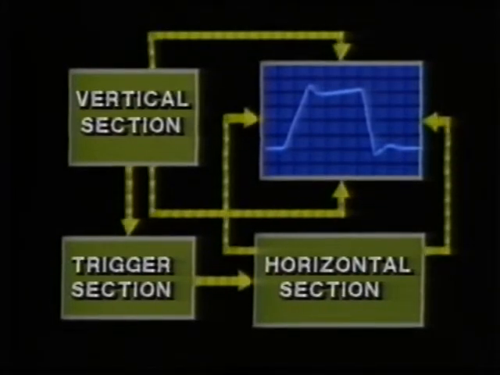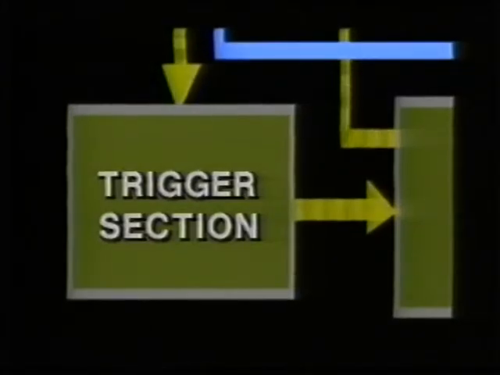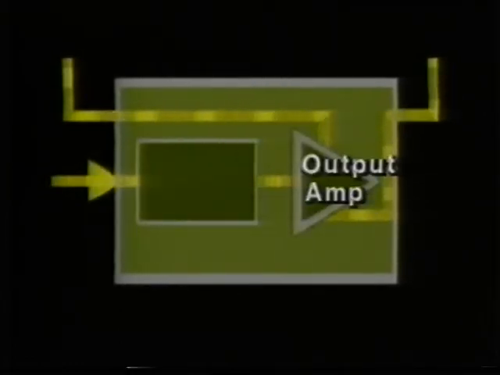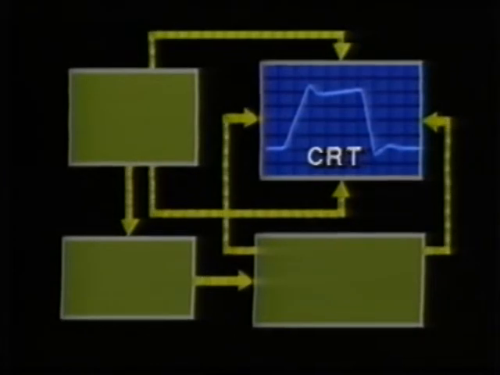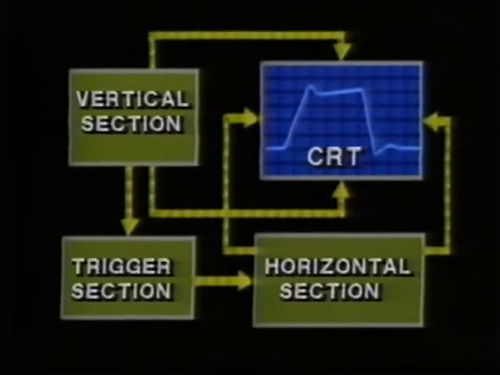The horizontal section includes the trigger circuit, horizontal sweep generator, and horizontal output amplifier. And finally, there's the cathode ray tube, the CRT. Any signal we connect to the oscilloscope follows a path through the vertical and horizontal circuitry on its way to the CRT display.